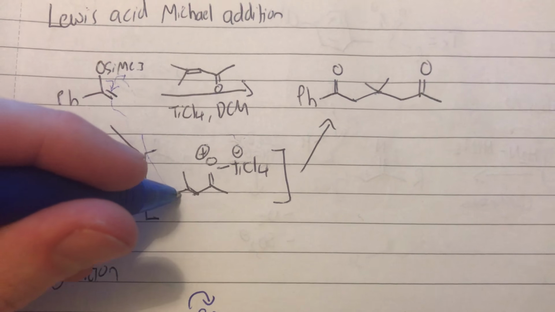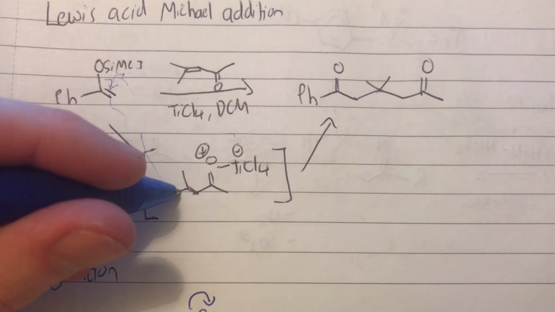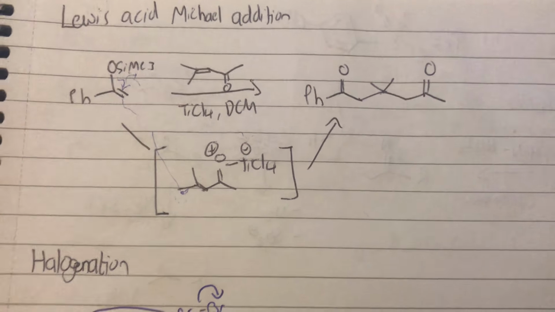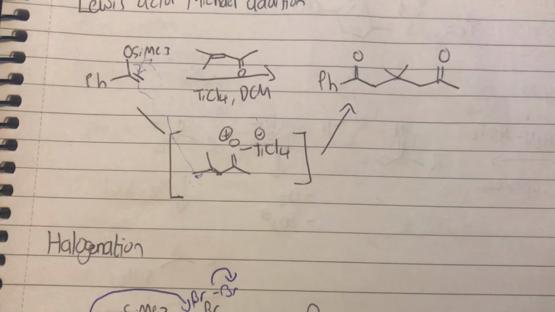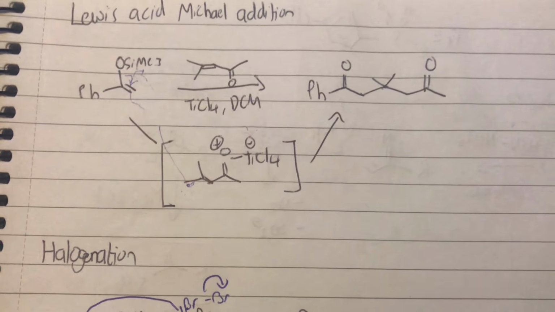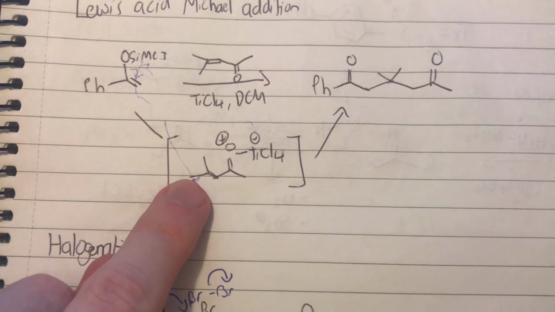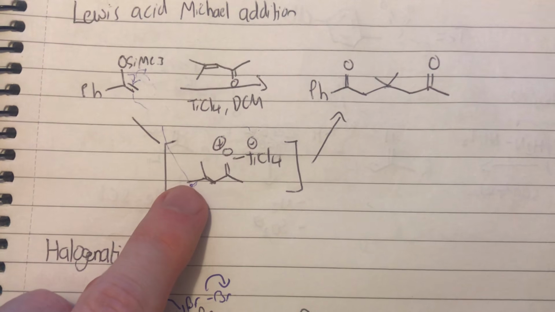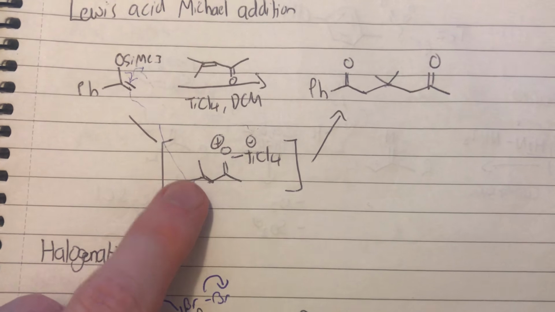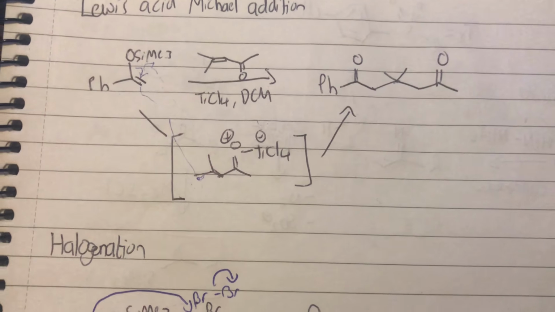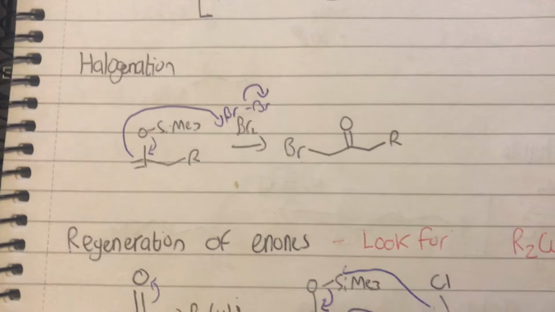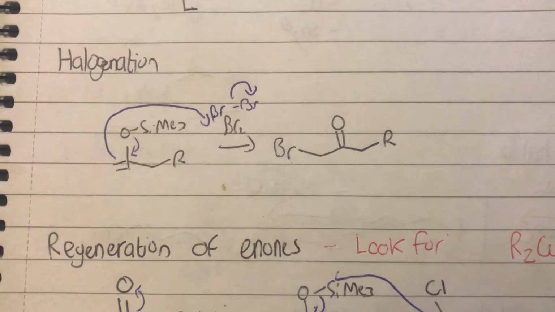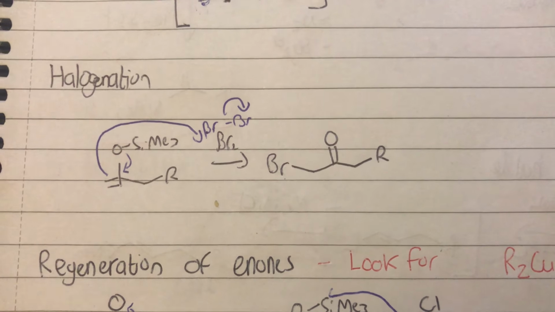Then one of the protons can go onto there, and yeah, I'm pretty sure that's how it'll work. In fact, the double bond will just form the new bond there. And yeah, that's pretty much it, I believe. Something along those lines. And the next reaction is halogenation.